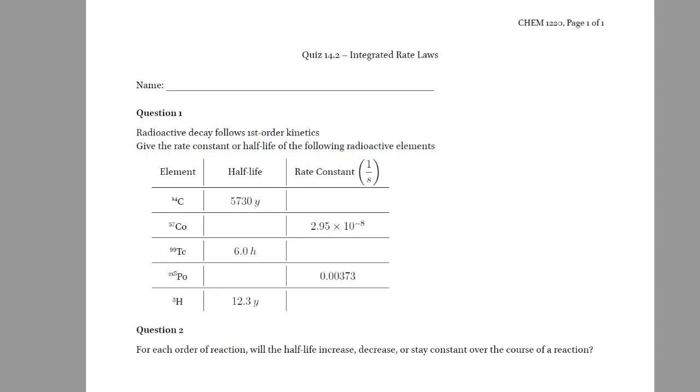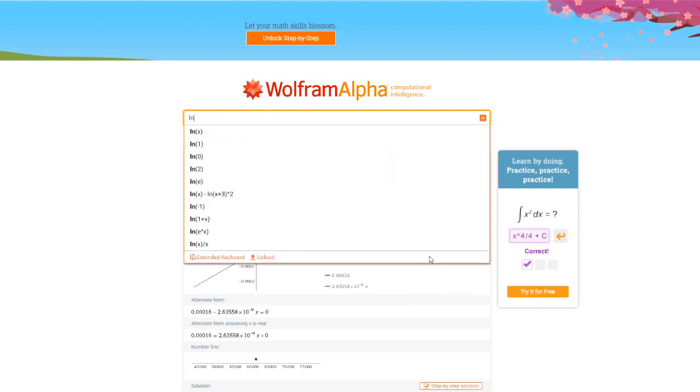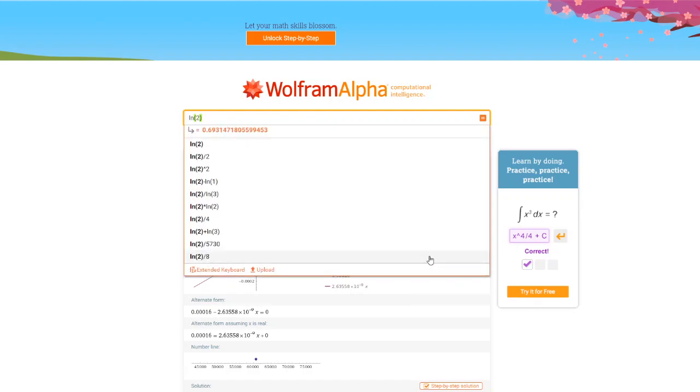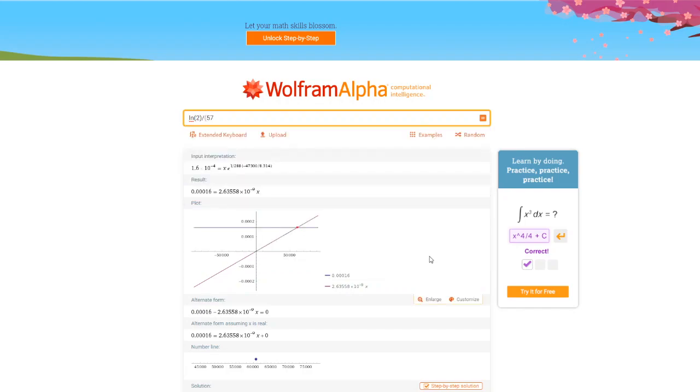So I'm going to head over here to Wolfram Alpha, which is just an online calculator that I like to use. And so I'll take the natural log of 2 divided by that half-life of 5,730 years.